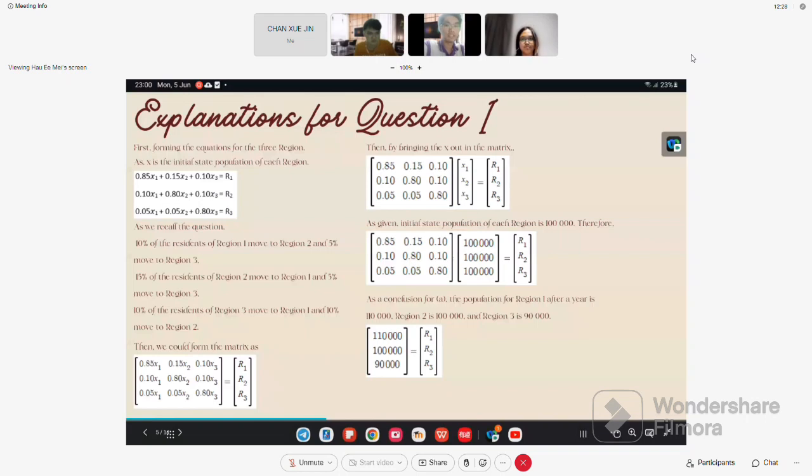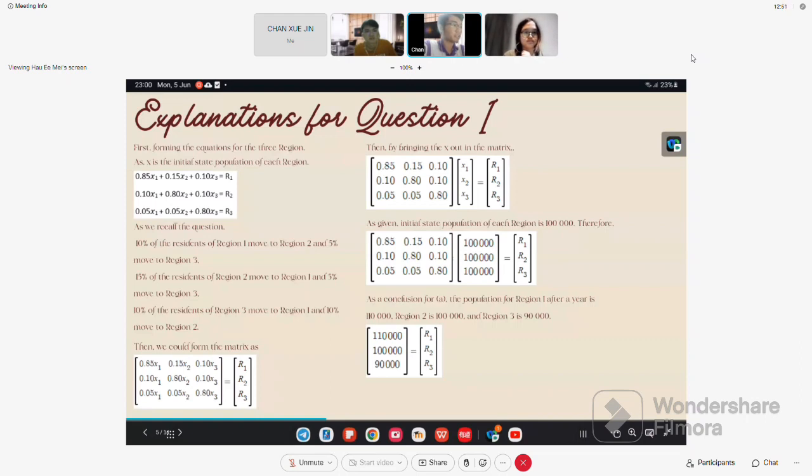First, we can find 3 equations for the 3 regions. As you recall from the question, 10% of the residents of region 1 move to region 2 and 5% of the residents of region 1 move to region 3. So 100% minus 10 and 5 leaves 85%.